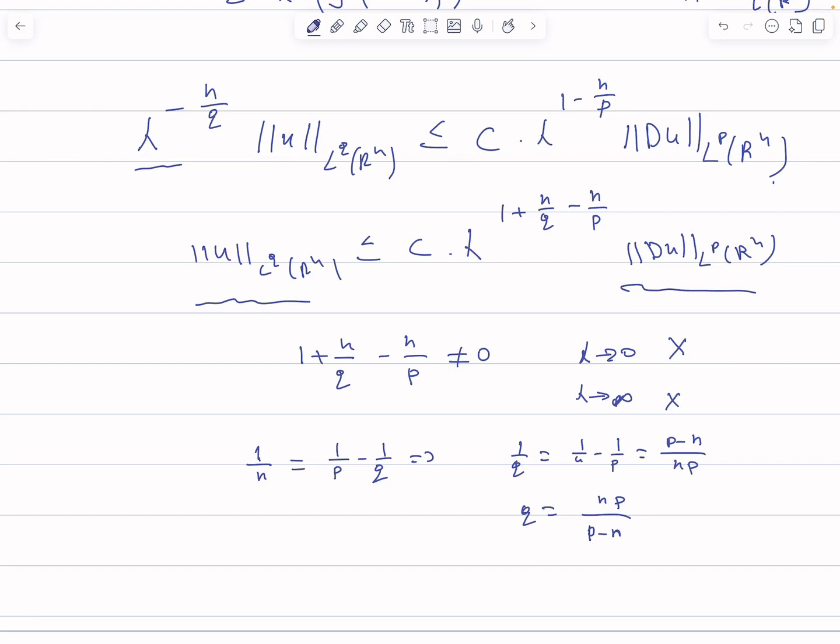Or here, 1 over q is 1 over p minus 1 over n. Here should be minus, here also minus, which is equal to np divided by n minus p.